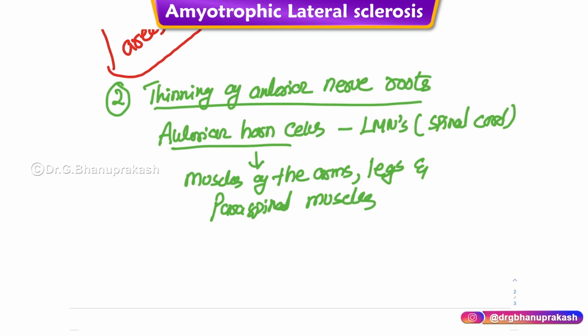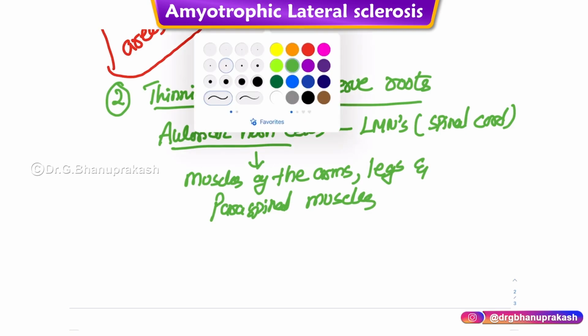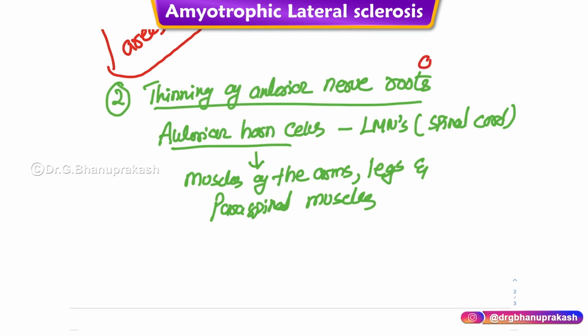Right? So we know that the second important manifestation, I said, is a thinning of the anterior nerve roots, and anterior horn cells are the lower motor neurons present in the spinal cord, and these directly supply the muscles of the arms, legs, and the paraspinal muscles.